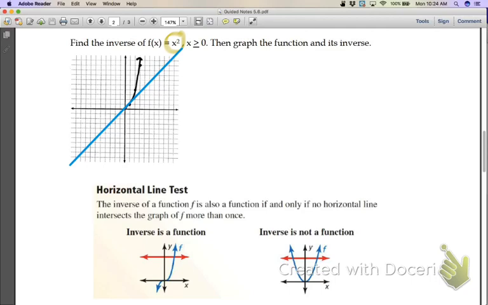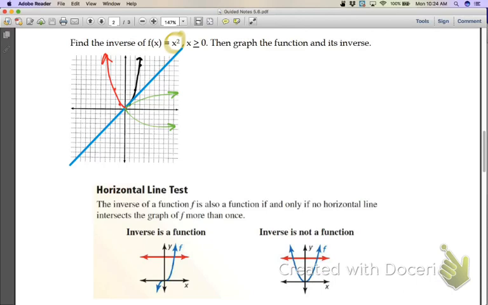If I had this left side of my graph, the red side with the point 2, 4, whenever I map it back over, it's going to look something like this here. What's the problem with the green one though? Is the green graph a function? No. Why not? Because what doesn't it pass? The vertical line test.